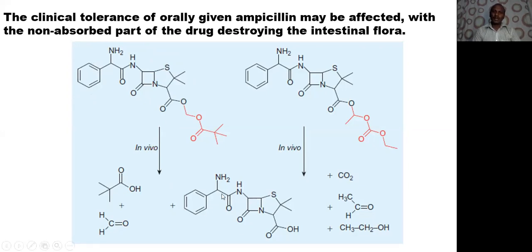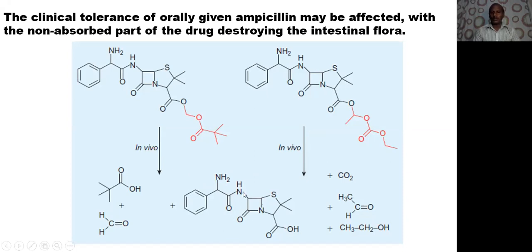It is a water soluble compound, and orally we have seen only 40% is absorbed. If you give 100 milligrams, only 40 milligrams will be absorbed and the remaining 60 milligrams will be excreted as waste. Availability is 40%, because of the low lipid solubility.